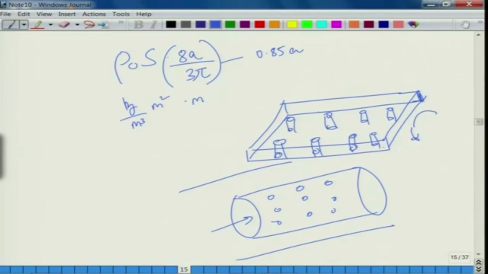So, when you evaluate the thickness T, it is not just T, it is something like 0.85 times a multiplied by 2, because the end correction is adding at this side and also this side. So, the net effective thickness becomes 1.7 times the radius a.